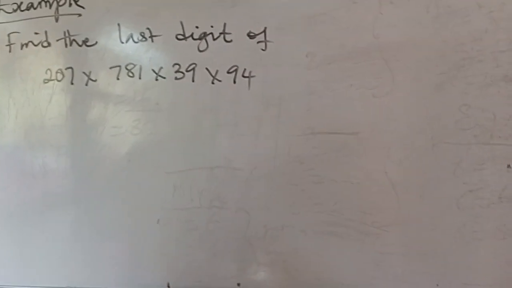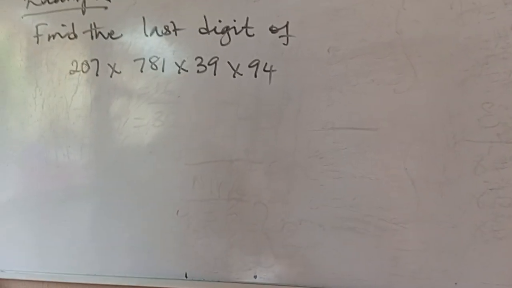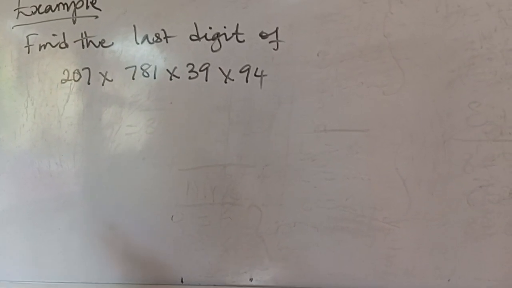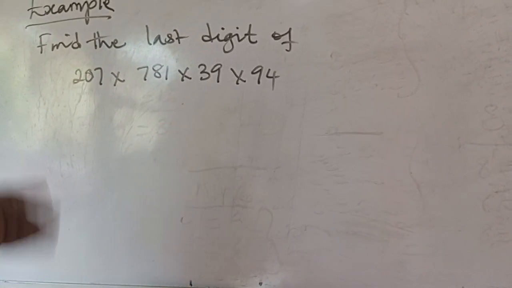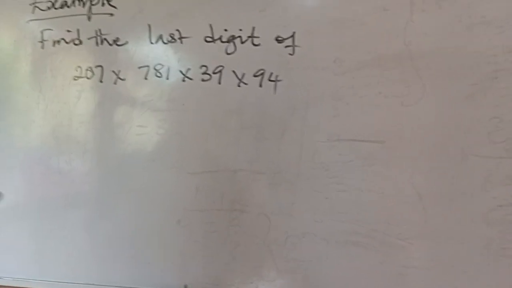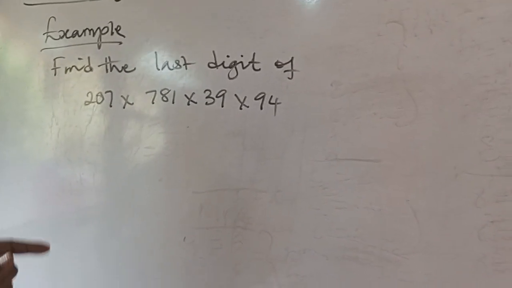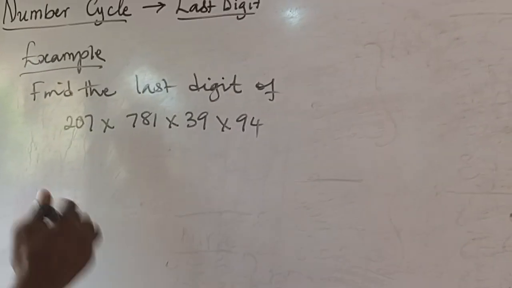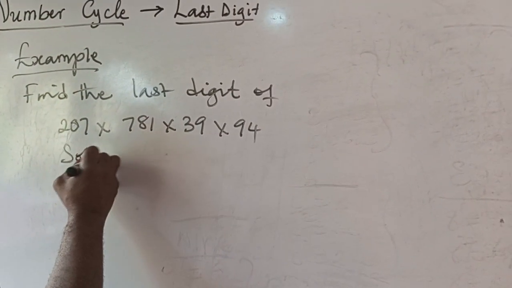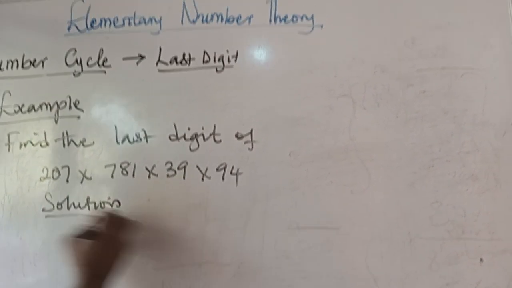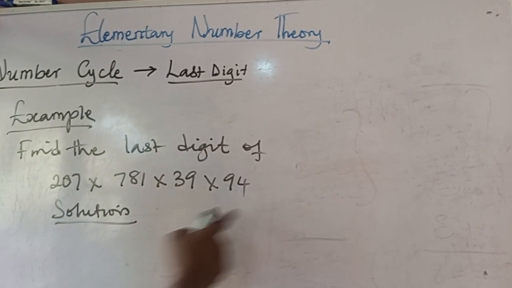Now, when you are given a number like this, where we have products of several numbers of more than one digit, we take the last digit of each of these numbers, multiply them, and keep on finding the last digit. In this case, in our solution, we are going to pick the last digit of each of these numbers.